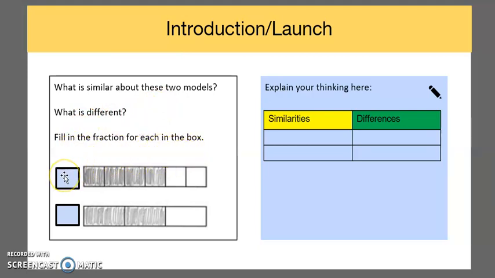Based on what was provided in the last slide, I want you to try to develop what the fraction will look like for this diagram. Here's one example, and here's the second example. When you're finished, I want you to write down some similarities and differences that you notice. You can pause the video, record your responses, and on the next slide, we're going to compare our answers.